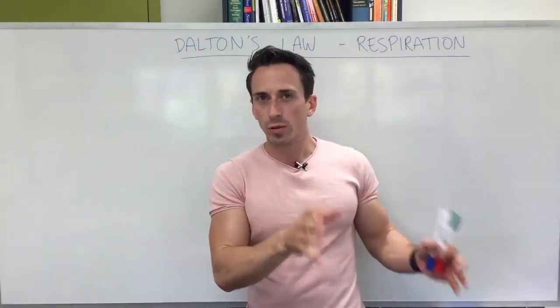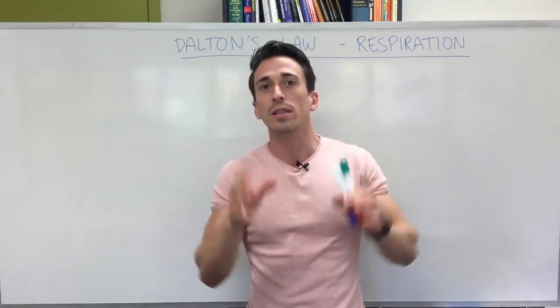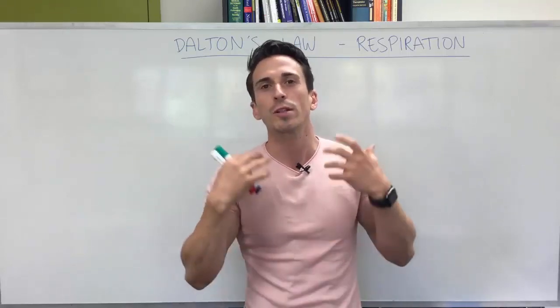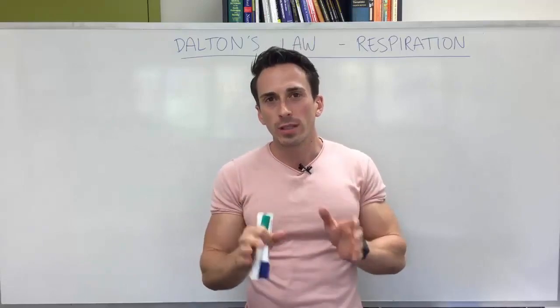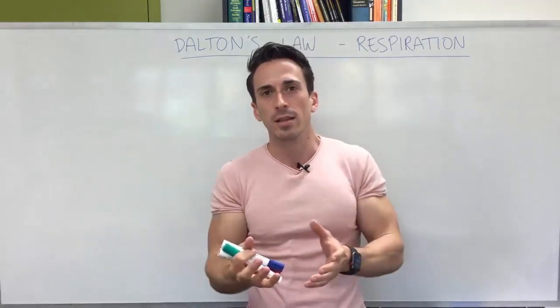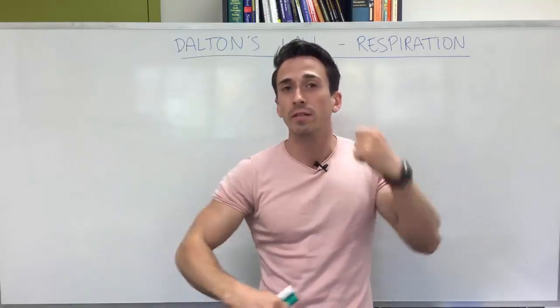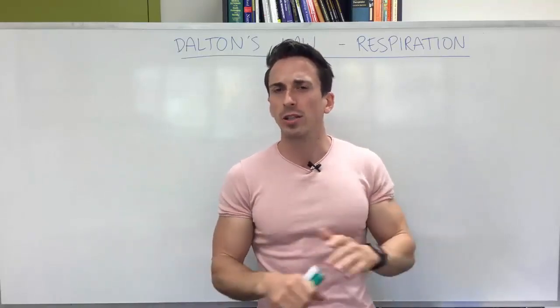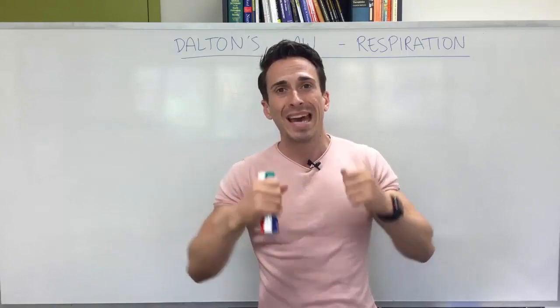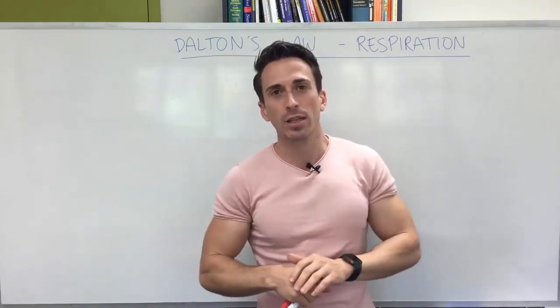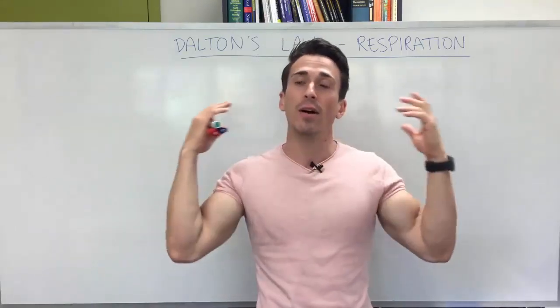So, what is Dalton's law and what is the clinical significance of Dalton's law when it comes to respiration? So Dalton's law states that in a mixture of gases, the total pressure is equivalent to the sum total of the individual gases. Now, what does that actually mean? Well, we can use a very simple, easily relatable example, such as that of us living in our atmosphere.